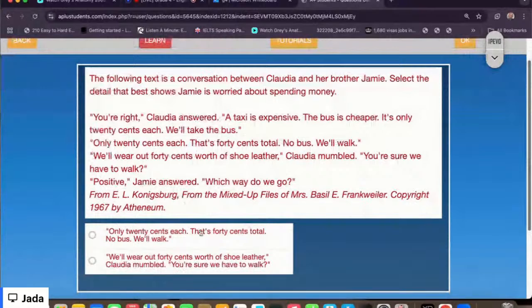Only 20 cents each. That's 40 cents total. No, boss. We will walk. We'll wear out 40 cents worth of shoe leather. Claudia mumbled. You're sure we have to work? So, which of these shows that Jamie is scared or worried about spending money? First or second?